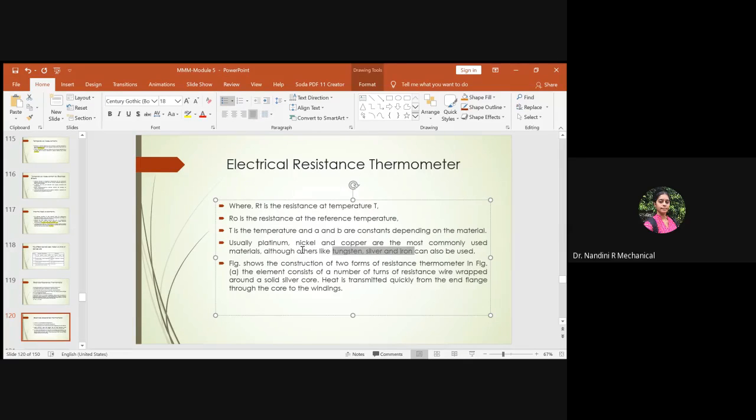But due to the corrosion resistance factor, platinum, nickel, and copper are preferred over tungsten, silver, and iron, though both can be used. With respect to safety precautions, it is always better to go with these three materials I told you: platinum, nickel, and copper.